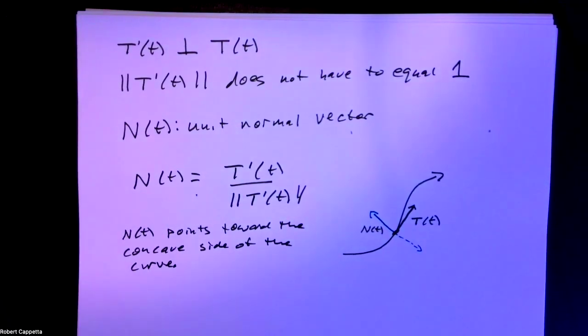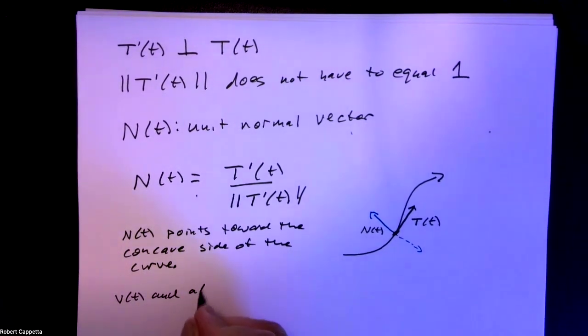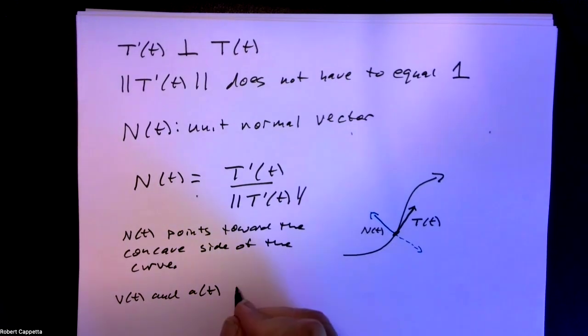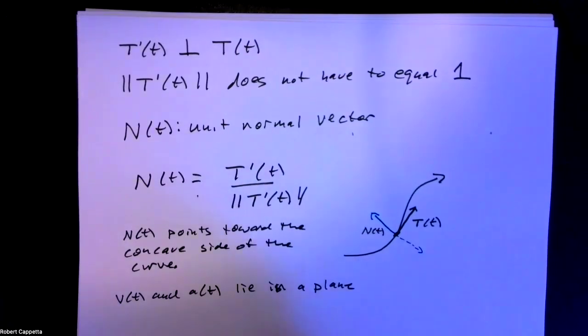What else do we need to keep in mind? Well, we know that big T is in the same direction as v. So v of t and a of t, the acceleration, lie in a plane. Two vectors define a plane.